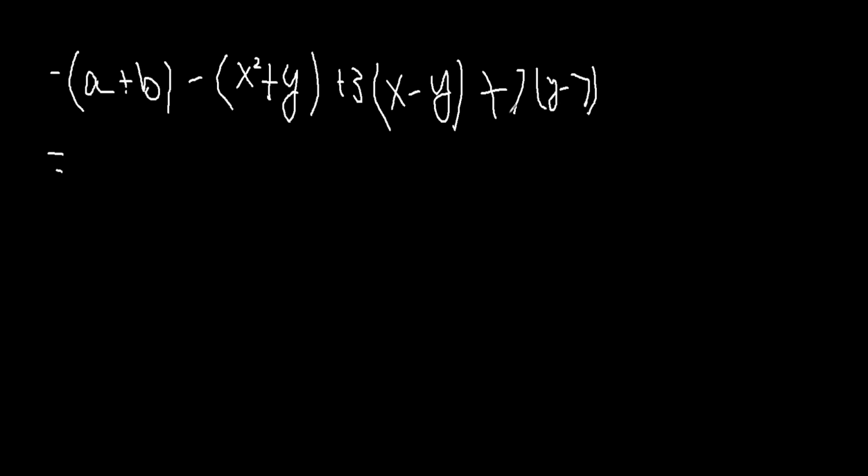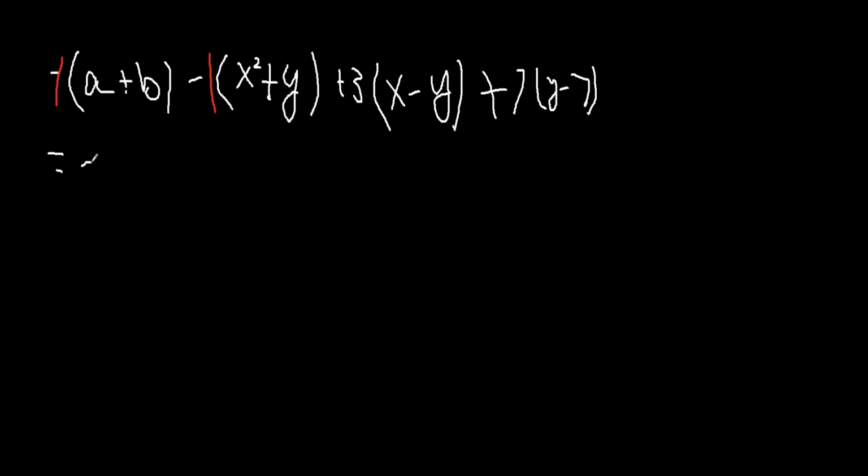So this follows the same rule. We have to distribute out the brackets. So if you look at our numbers outside the bracket, we have negative 1 here, which is indicated by a negative sign. You also have negative 1, and we have positive 3 and positive 7.